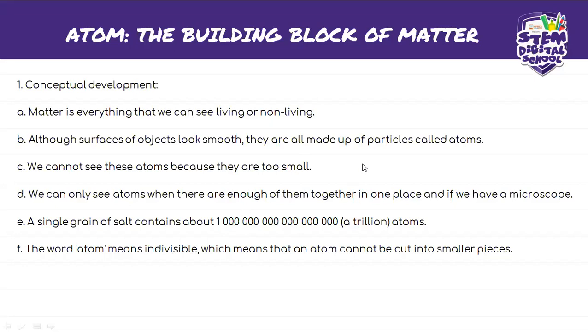For example, when you take a spoon and fetch sugar when you are drinking tea, if you take one single piece of that sugar, that is a single grain, very small, and it contains 1 trillion atoms. Can you imagine how big this number is?